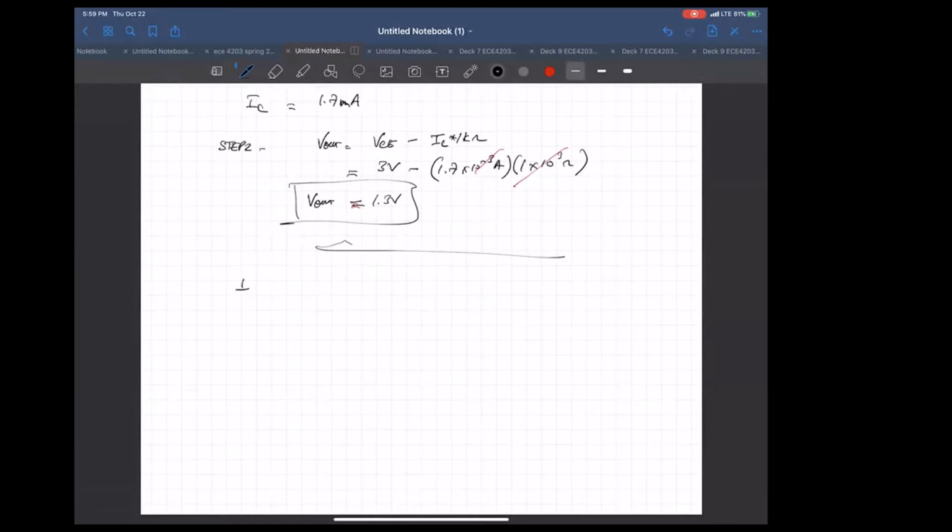So I sub c, this collector current, is I sub s exponential of VBE over VT. Notice there's no mention here at all of collector emitter voltage.